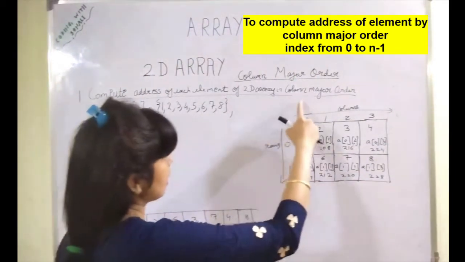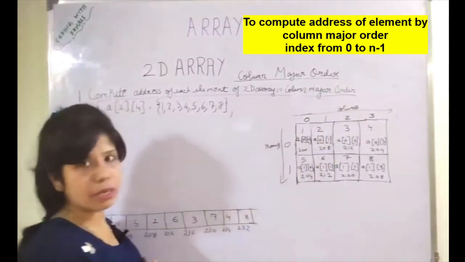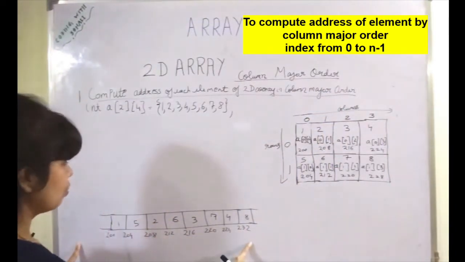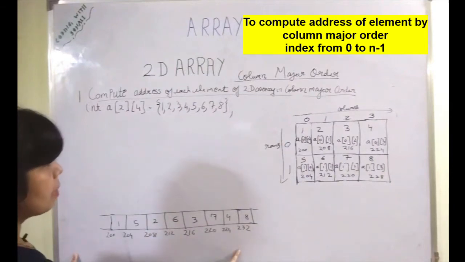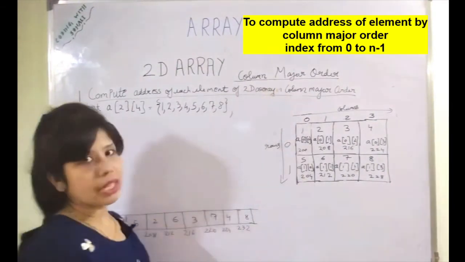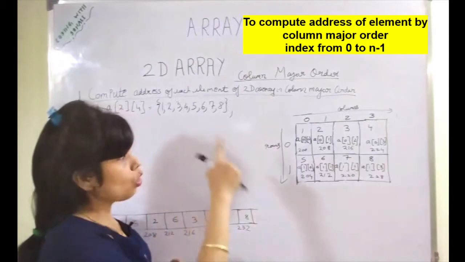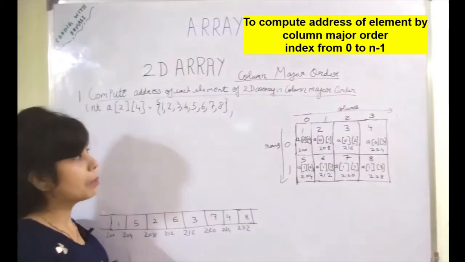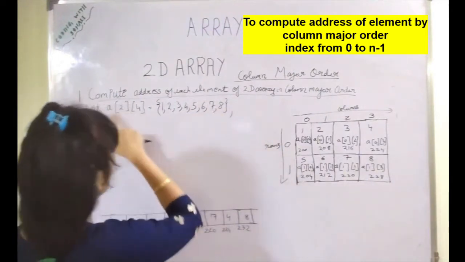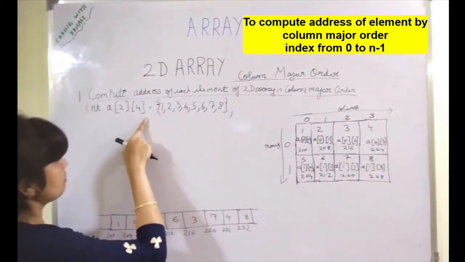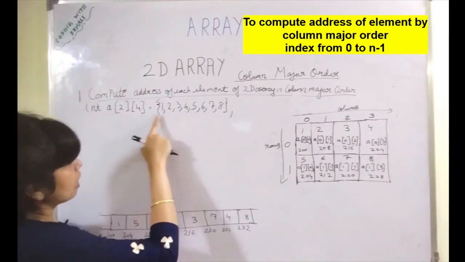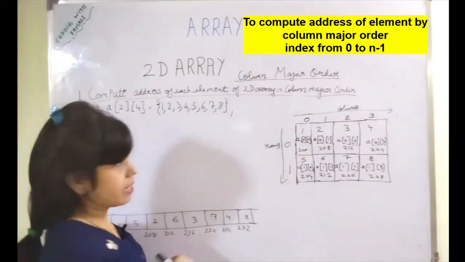So when it is a column major order representation of the 2D array elements, this is how it will be stored in the memory. Since from the name you can understand it's column major order, column wise the elements will be stored in the memory. You can see we have taken the same 2D array dimension, 2 and 4, that is 2 rows and 4 columns, and these are the values which I have initialized.